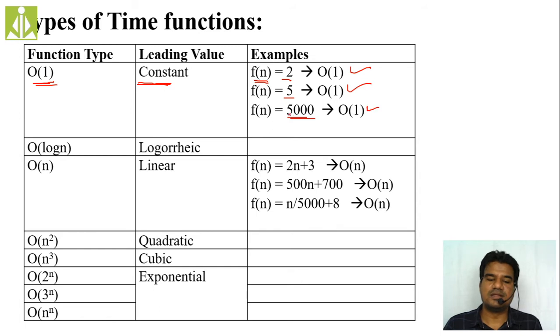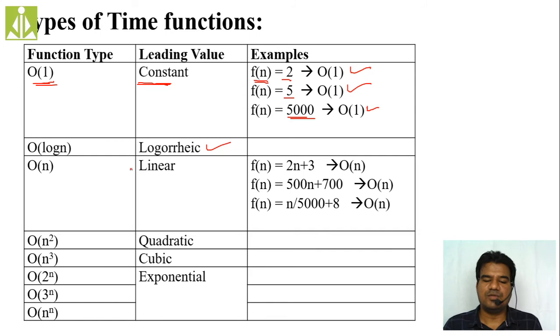If you have a logarithmic value inside your function, as we have already seen, like log n to the base 2, log k to the base 2, then you will get order of log n, or logarithmic order.